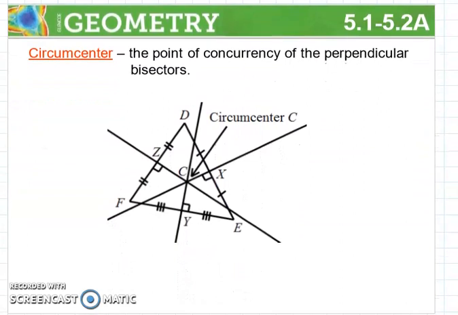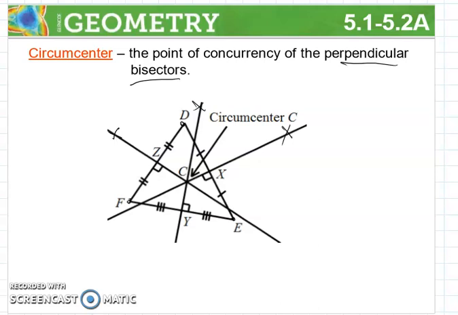Okay, the first one is a circumcenter. Notice that these are perpendicular bisectors in this triangle, and there's 3 of them. There's this one, and this one. If you create the perpendicular bisectors for all the sides of the triangle, and notice none of these go through the vertices, they're just perpendicular to the side, then where they cross is called the circumcenter.